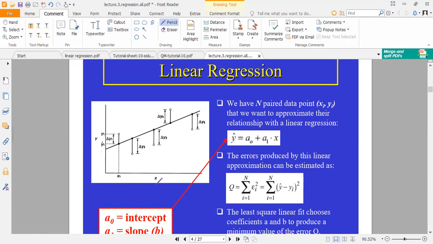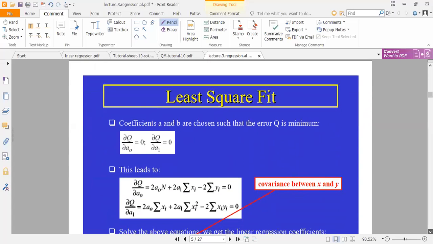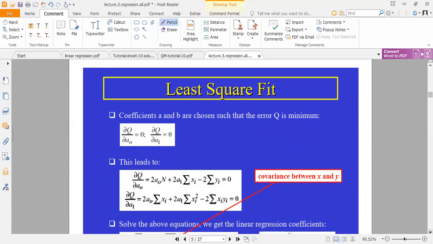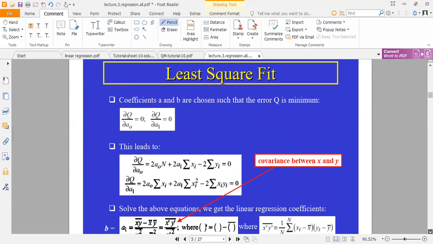Then we have our slope, which is b, or a1 in this case. We understand linear regression with also other variables called the correlation. The correlation is a key term that we use in regression, which measures the strength and direction of the relationship between two variables.